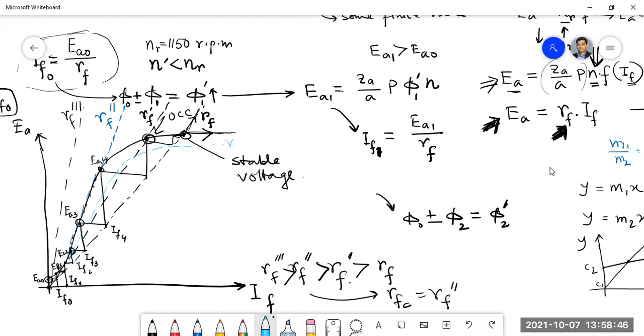For this, N prime. So does the height of the saturation decrease? No, that is not the saturation basically. The saturation will not decrease; it slowly increases like this. The point of interception will change.